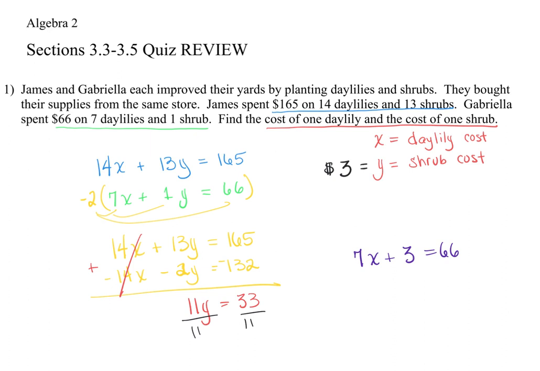Subtract your 3. Divide by that 7. How much does it cost? $9. And so that's my answer. My daylilies cost $9. My shrubs cost $3.